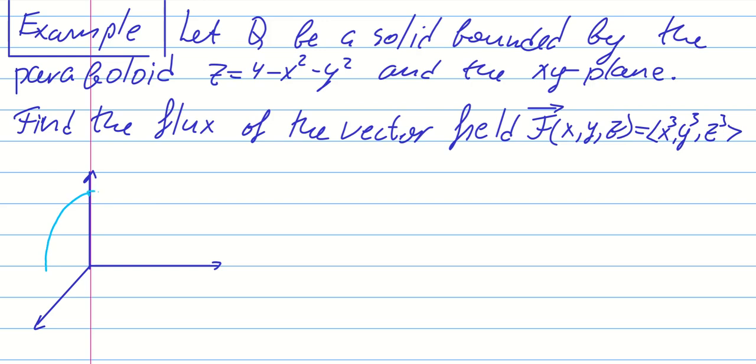On the bottom we have a circle. If we plug in z equal to 0, we have x squared plus y squared equals 4, so it's 2 and 2 over here. All right, this is our Q.